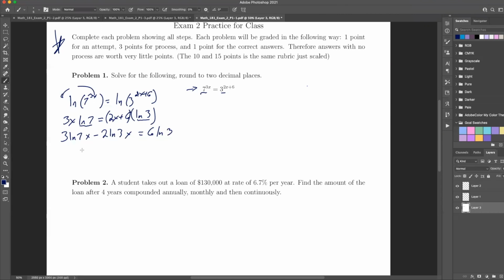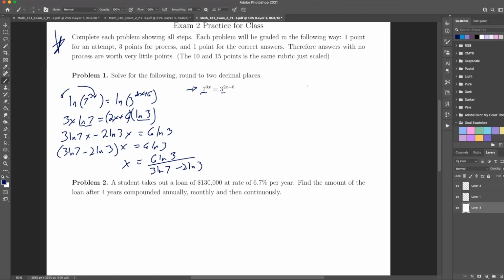And then here we can just factor out the x. So here I have x times (3 ln 7 minus 2 ln 3) is equal to 6 ln 3. That means x is equal to 6 ln 3 over 3 ln 7 minus 2 ln 3.